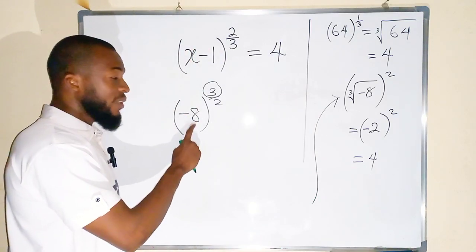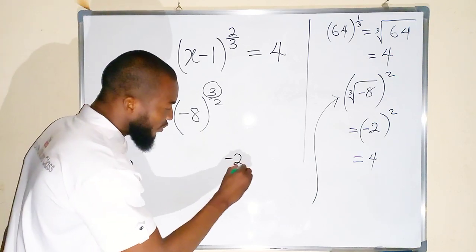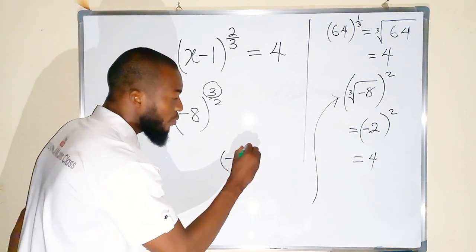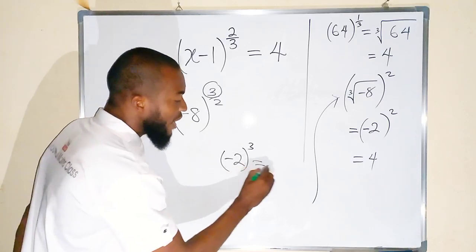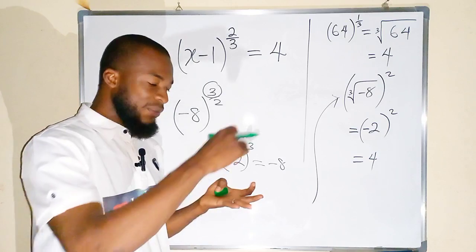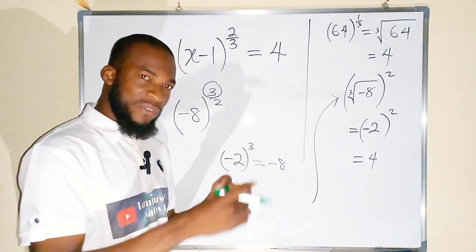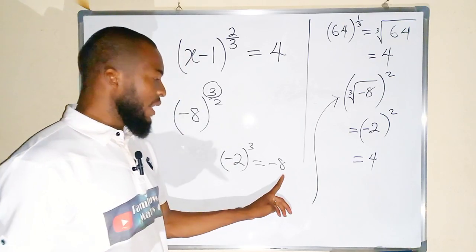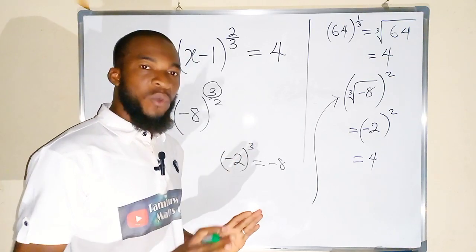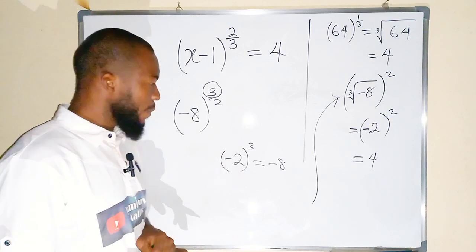For example, if I have negative 2 raised to the power of an odd number 3, this is the same thing as negative 8, because negative 2 times negative 2 is positive 4, times negative 2 is negative 8. So once that power is odd, it will never change the negative sign.